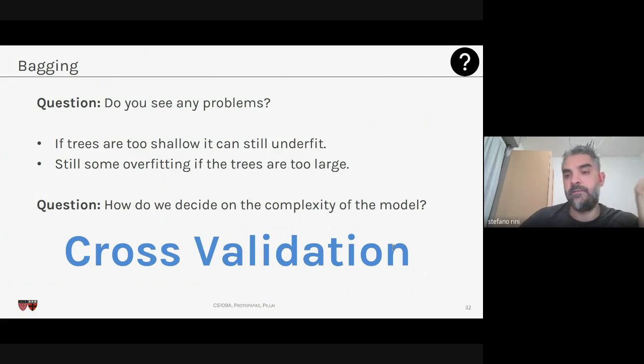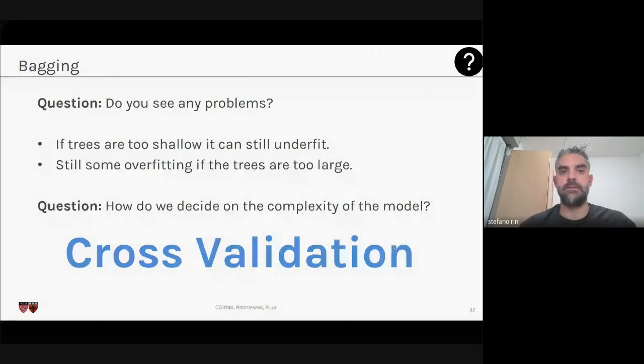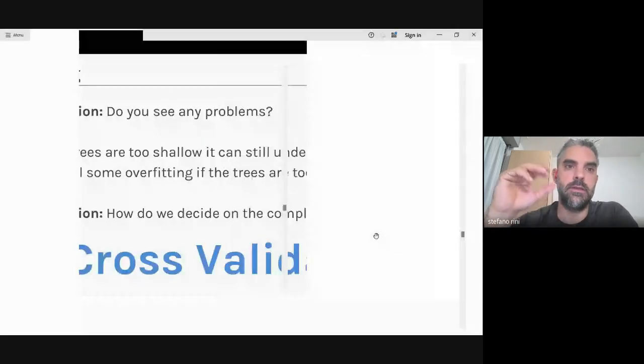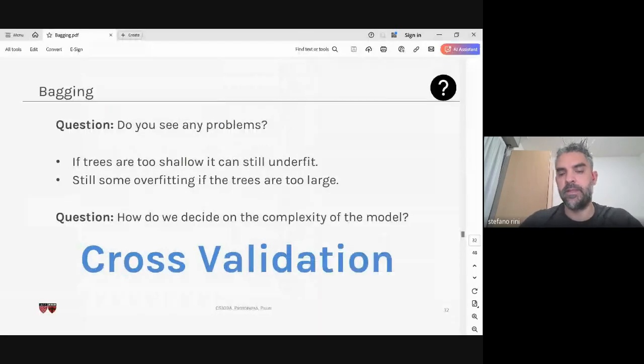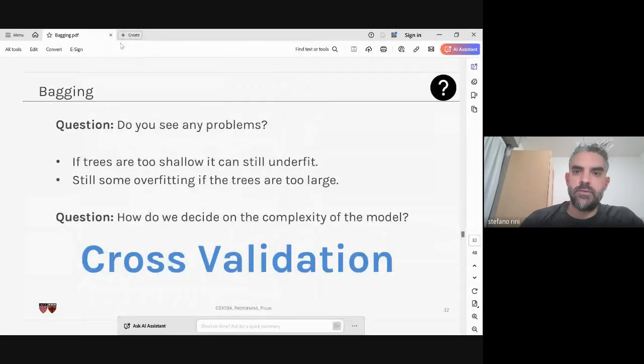You will see what is the variance of the performance at the different tree depths, and then you choose the tree depth that provides the best performance when averaged across the different cross-validation slices. Okay, good. Let's do another set of slides, and then we let it go.